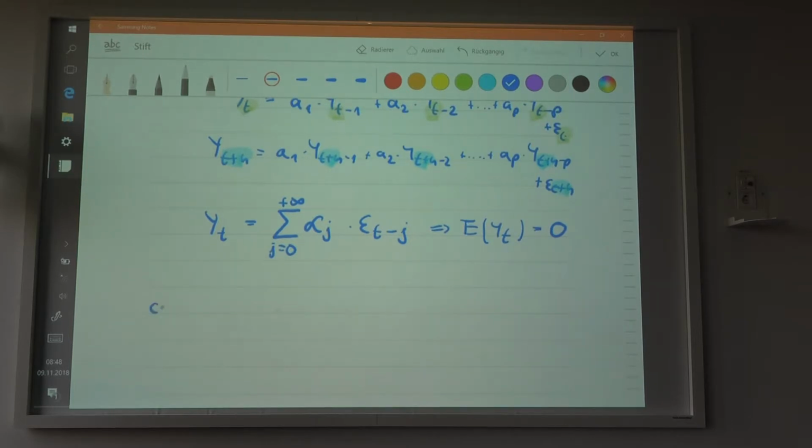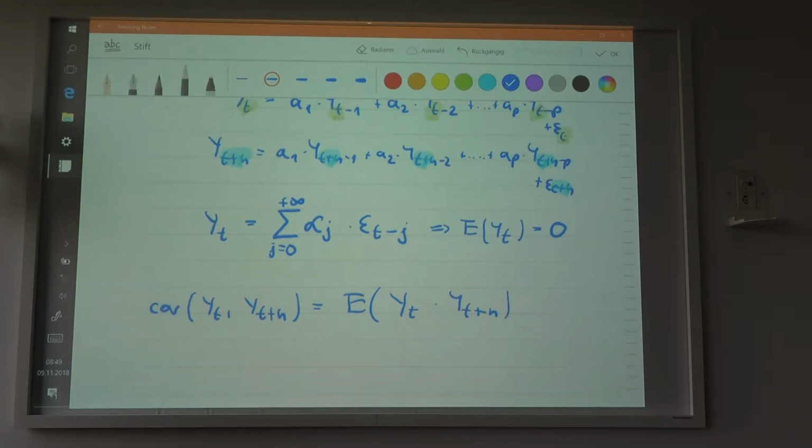So if you want to calculate the covariance of the process, it's enough to compute the expectation of the product of yt and yt plus h, because the covariance is equal to the expectation of the products minus the product of the expectations. Remember that.